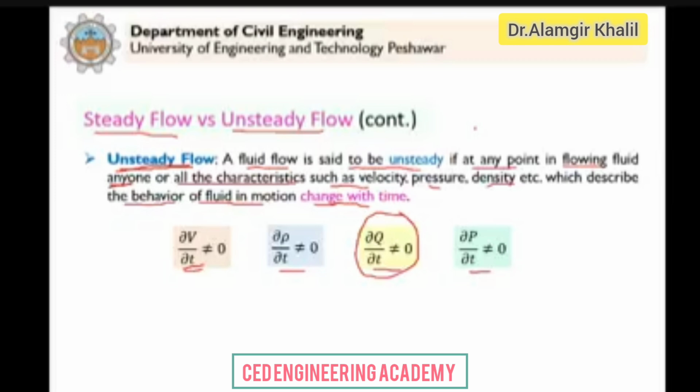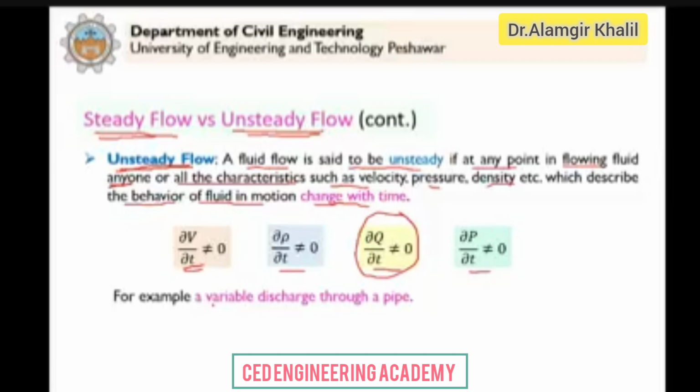When we treat a problem as unsteady flow, you will see later in this lecture that the energy equations become different from those we write in steady flow. This affects our analysis, and definitely it will have an impact on the design. So that's why we are interested in studying and differentiating these different types of flows and flow regimes.